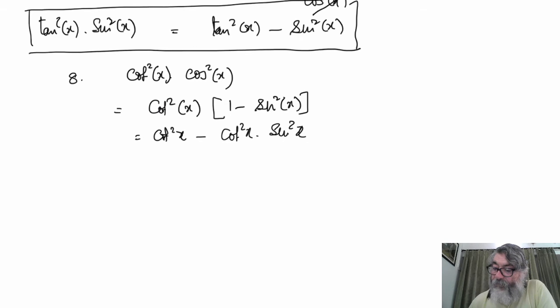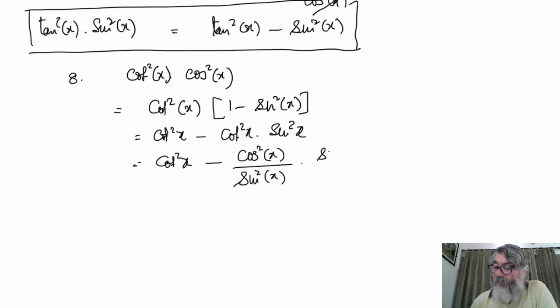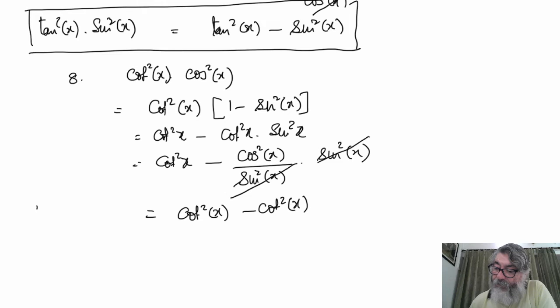Now it will become cot square x minus cos square x upon sin square x into sin square x. This will cancel. It will become cot square x minus cos square x. Again, the multiplication of cot square x with cos square x, we were able to convert into subtraction.